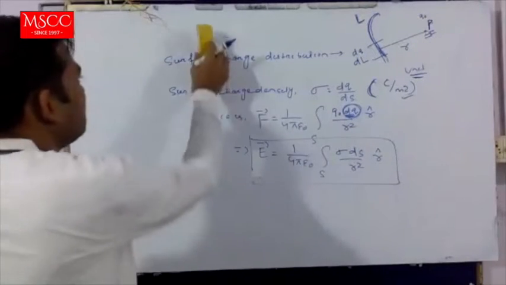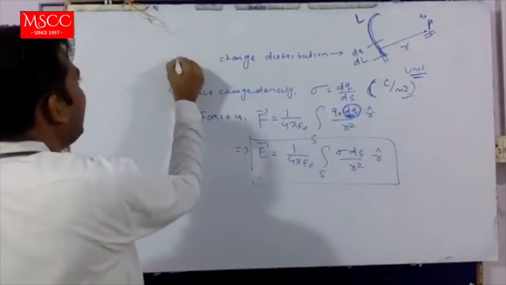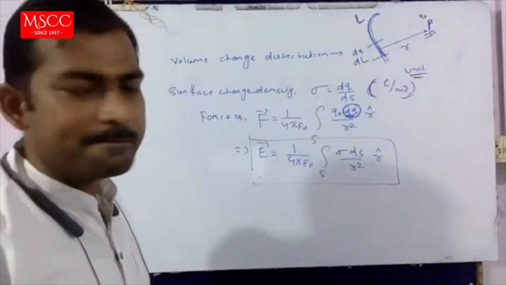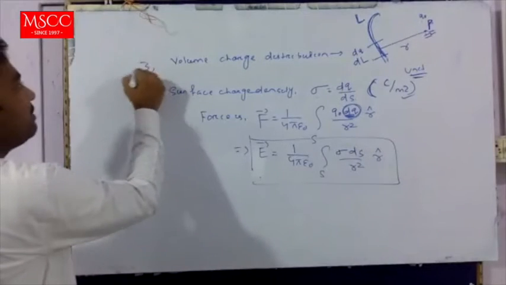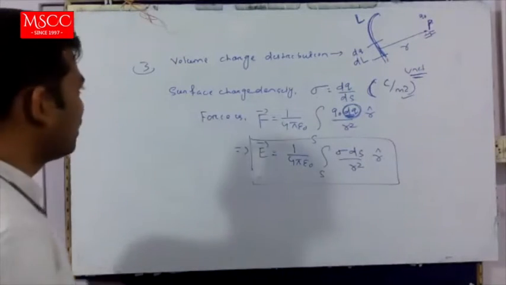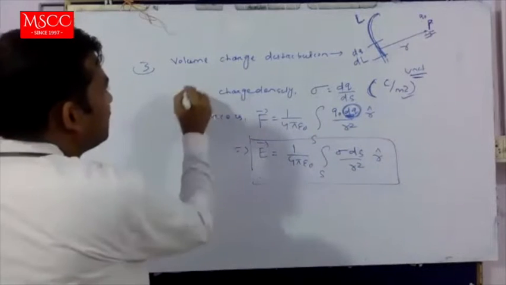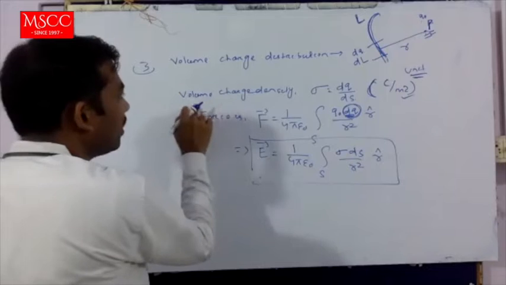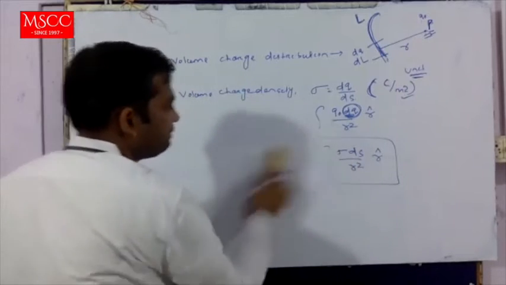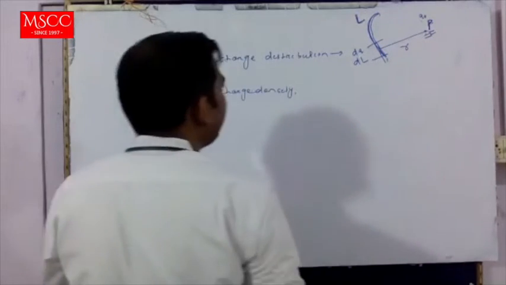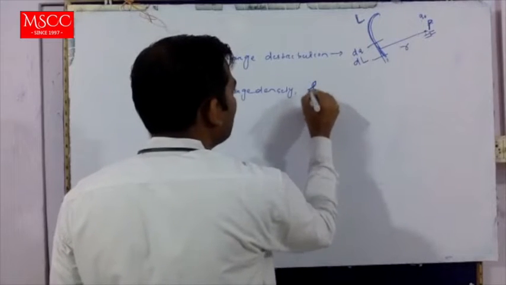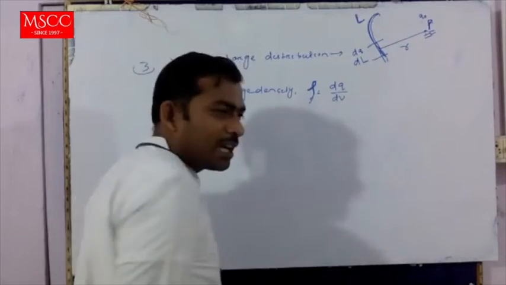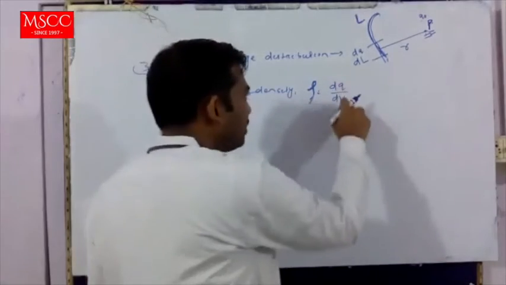Third one is volume charge distribution. We know in case of volume charge distribution, volume charge density, symbol rho, equals dq by dv, charge per unit volume.